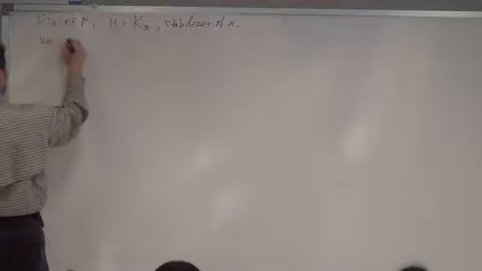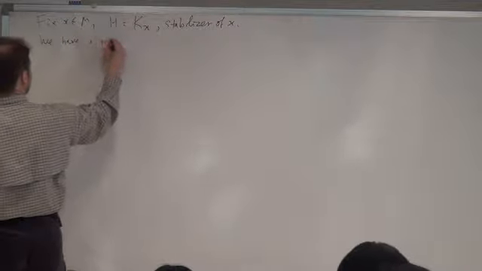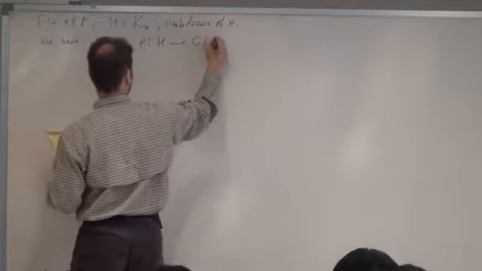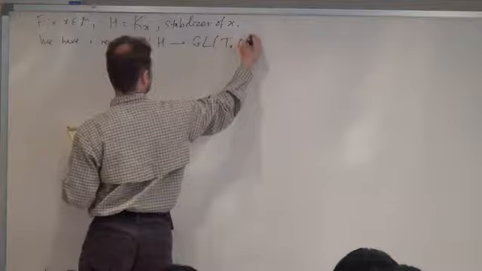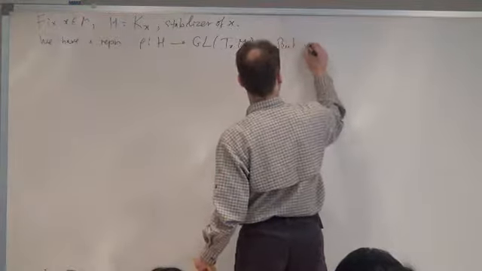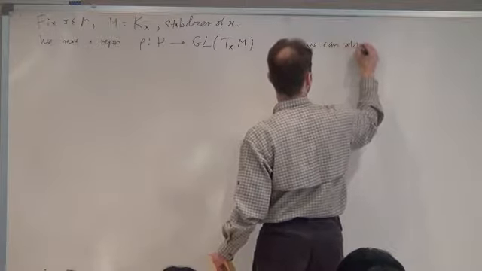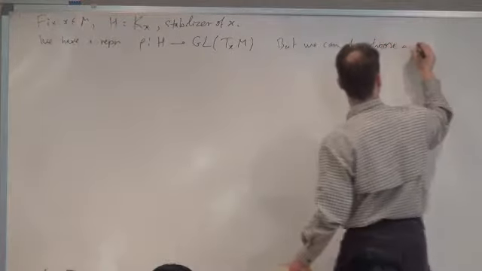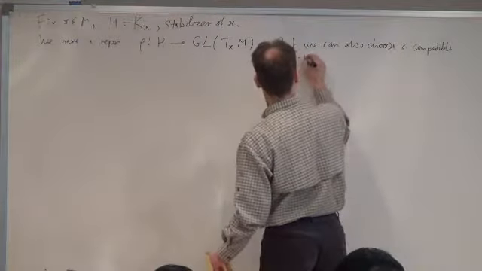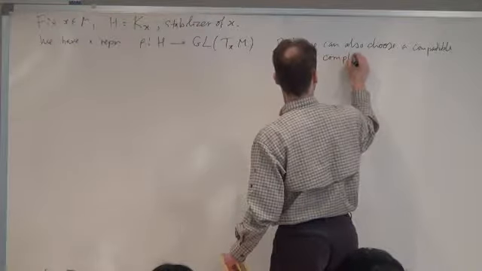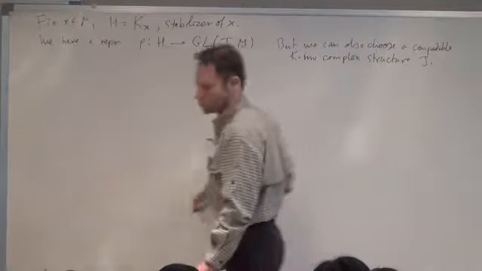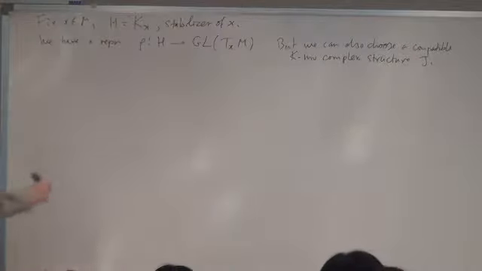We have a representation rho from H to GL of the tangent space. But in fact, we can also choose a compatible K-invariant complex structure. Right?